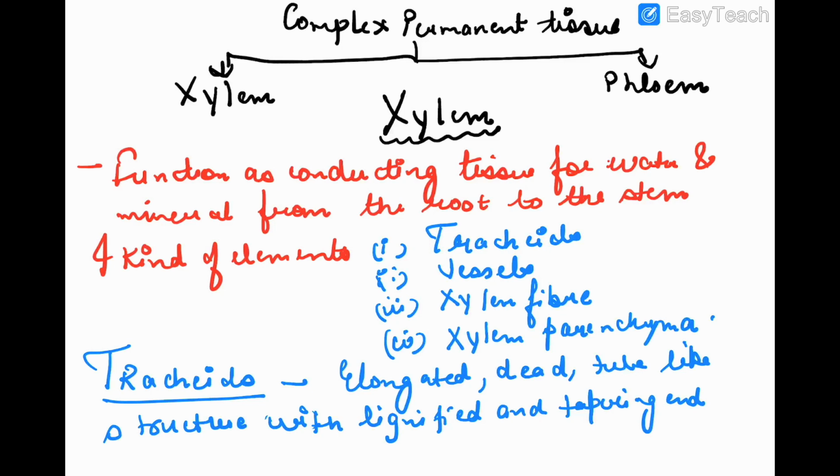So they have an elongated tube-like structure, they are dead, they have a lignified wall, and they have a tapering end. Let us talk about vessels.